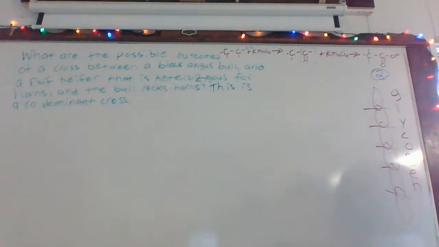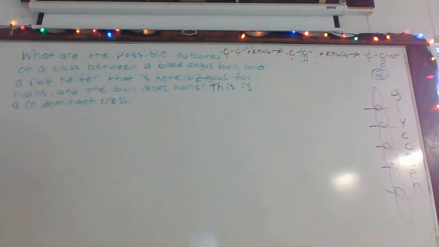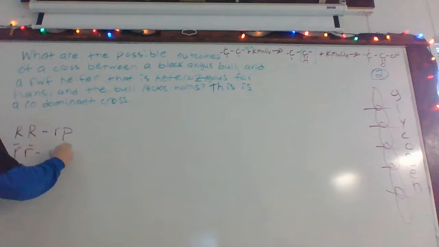If you remember from last week, we completed an incomplete dominant cross. That meant if you had a red poll genotype, it meant red poll, and the Charolais coat color meant white.